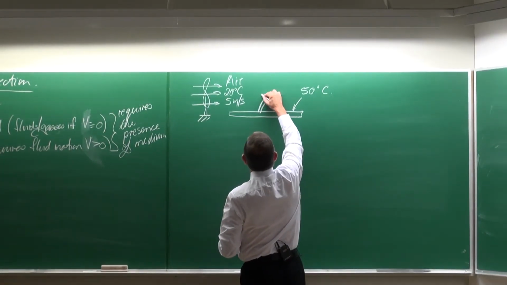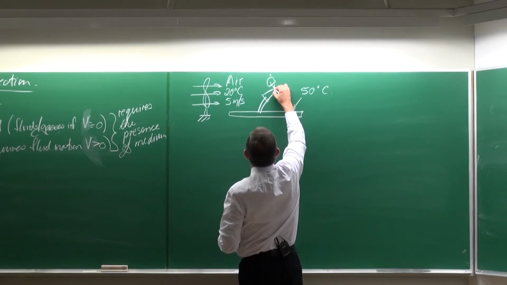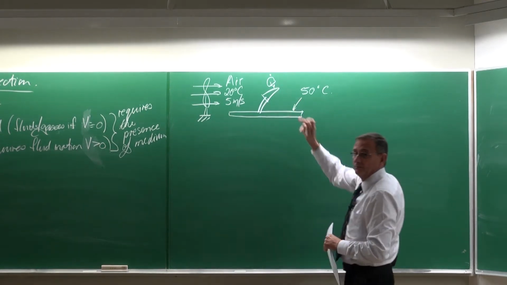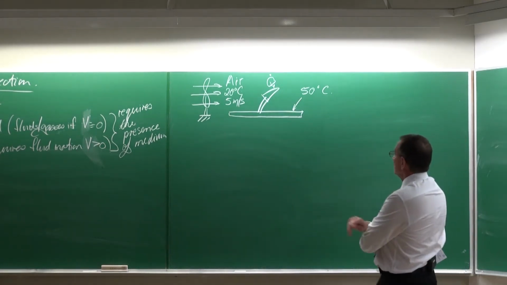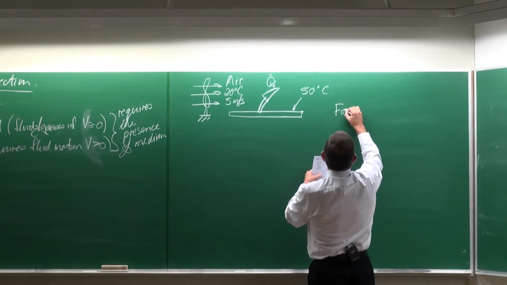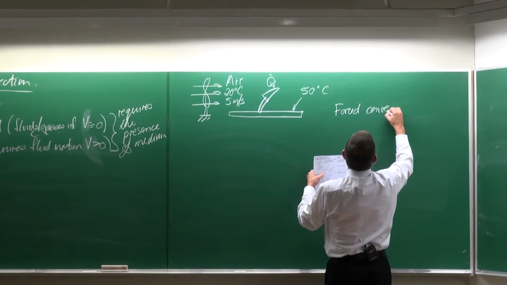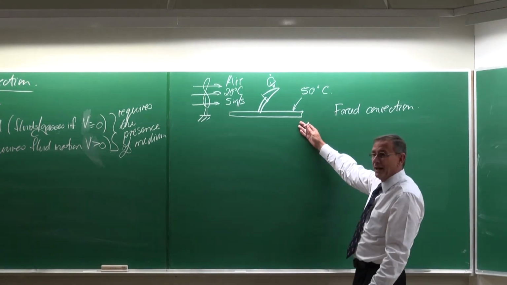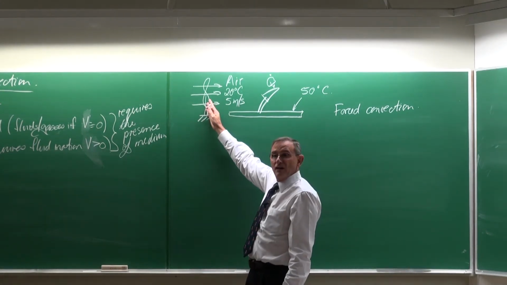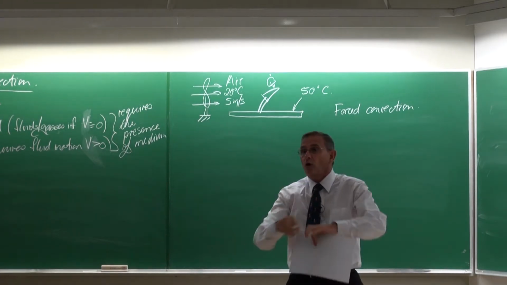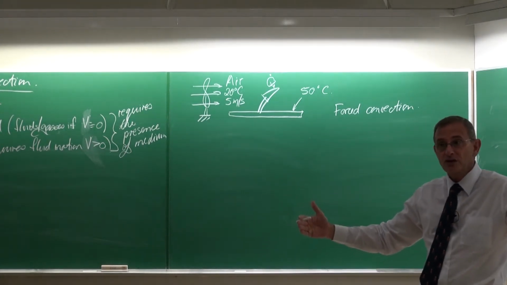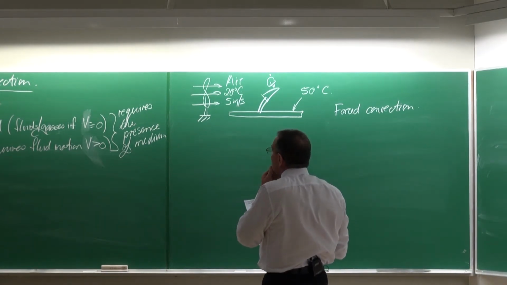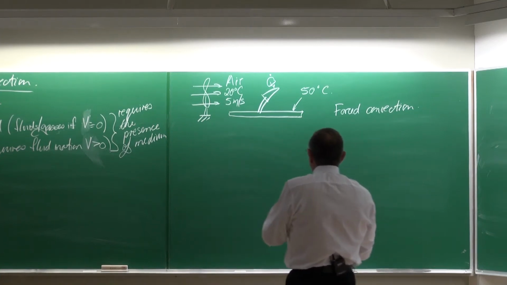There will then be heat transfer from the plate to the air, and I'm going to show it as Q dot 1 because it's the first mode of heat transfer, and we're going to call that forced convection. So the air is being forced over the flat plate. It doesn't always have to be a fan. It can also be a pump or any pressure difference between 2 points. That will cause a heat transfer, which we call convection heat transfer, which we call forced convection.